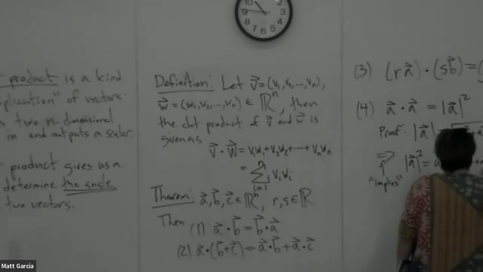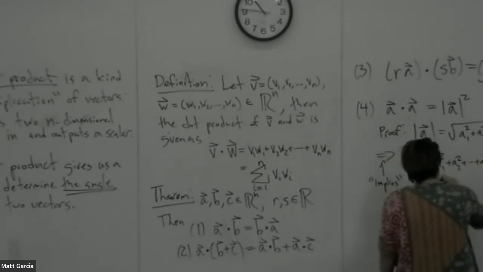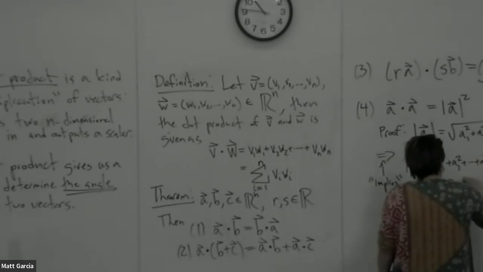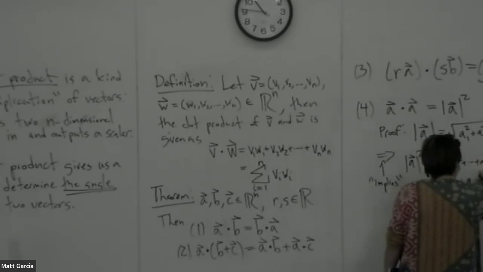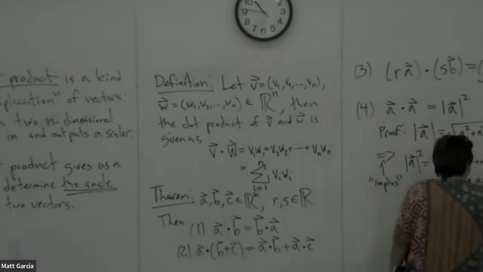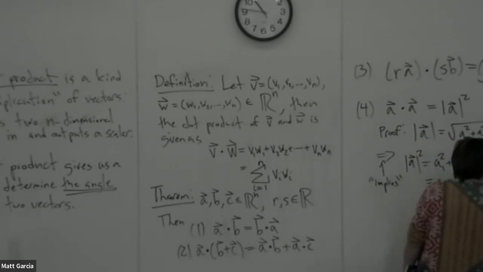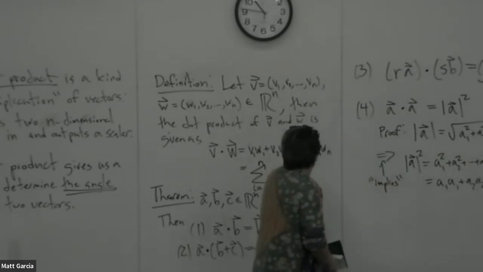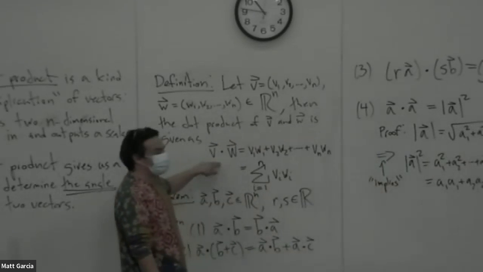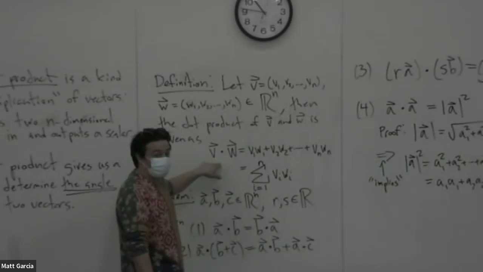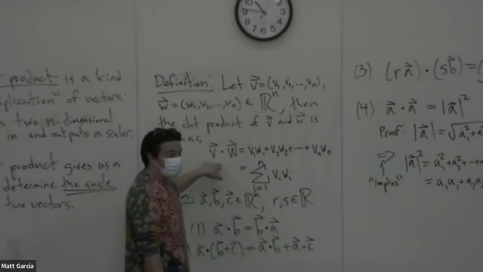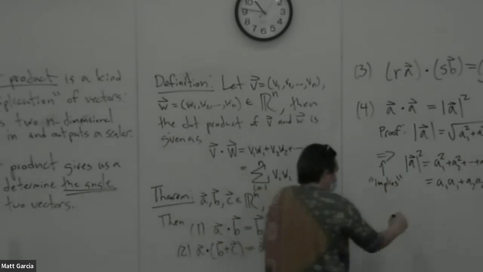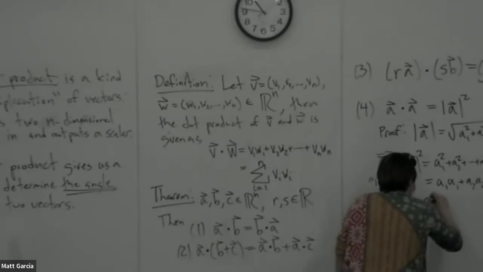Which, if I write out, I get a1 times a1 plus a2 times a2 plus all the way up to an times an. Compare this with the definition of the dot product. Right? a hat.